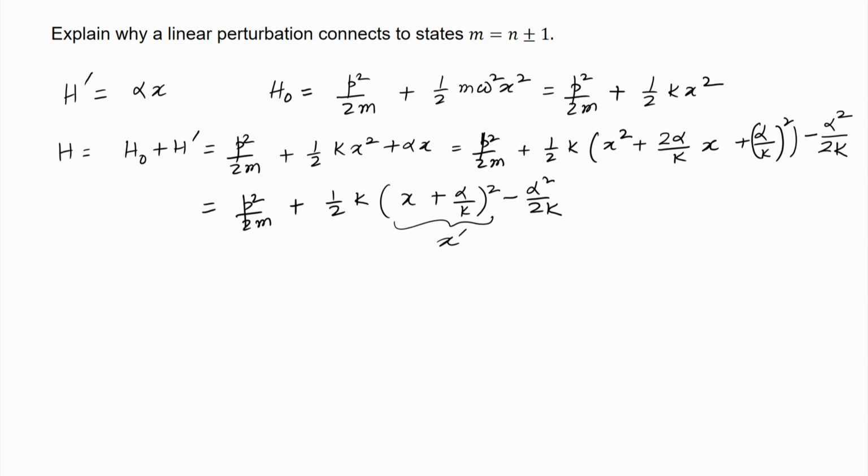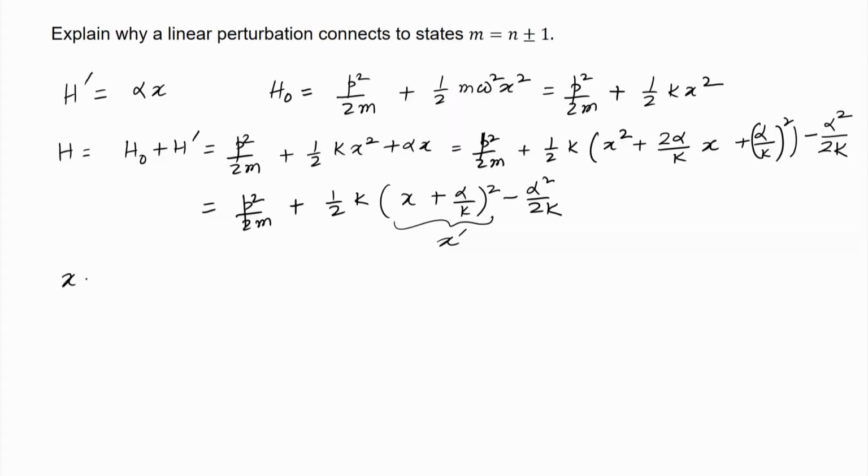However, here what it asks is why a linear perturbation connects to states which are m equal to n plus 1 or n minus 1. In order to answer that question, let us write down the relationship between the x variable and the a and a dagger operators.